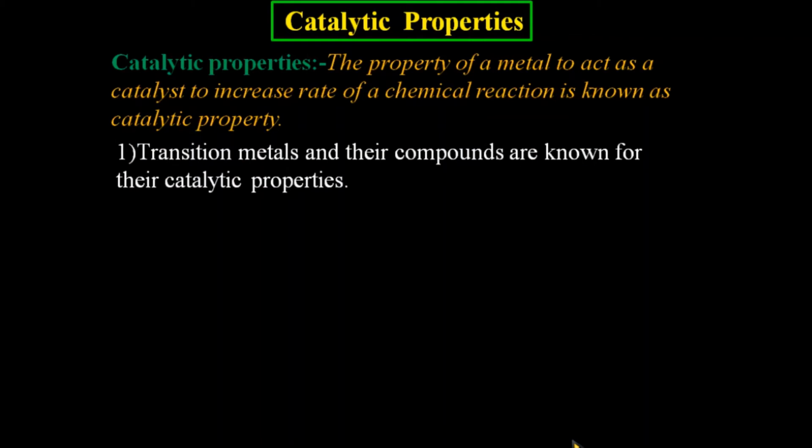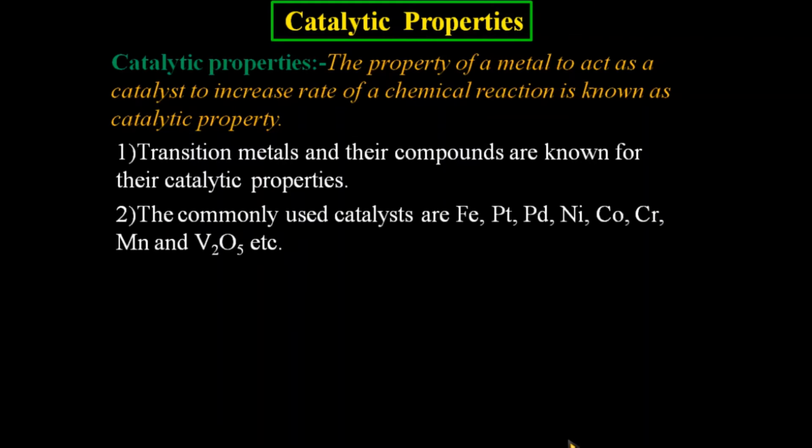Transition metals and their compounds are known for their catalytic properties. The commonly used catalysts are iron, platinum, palladium, nickel, copper, chromium, manganese, and V2O5.